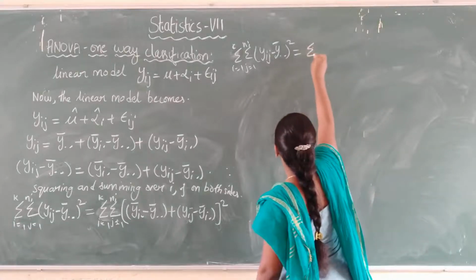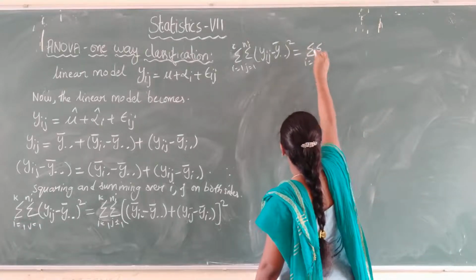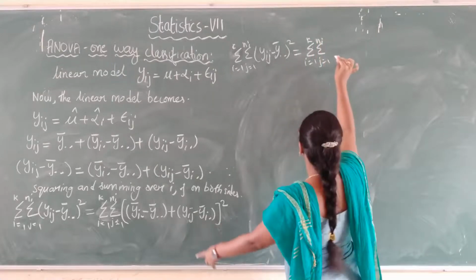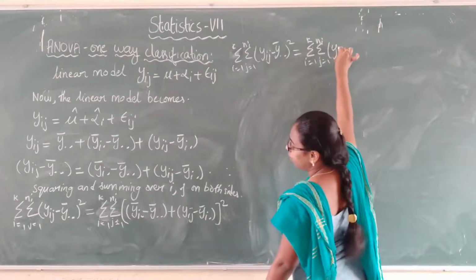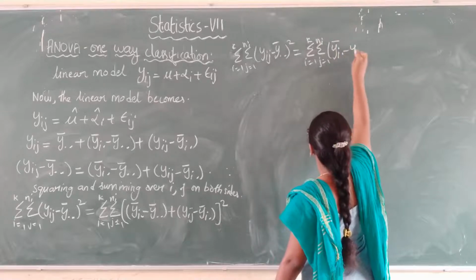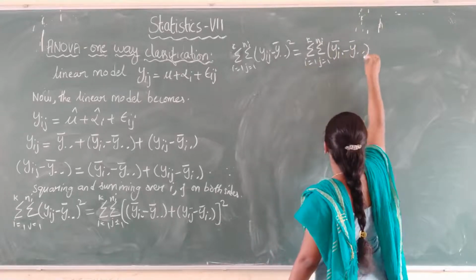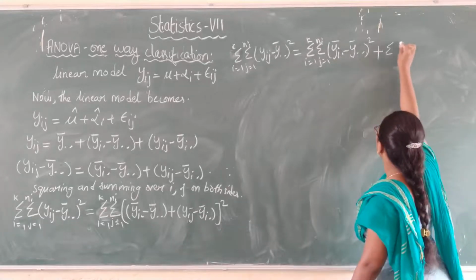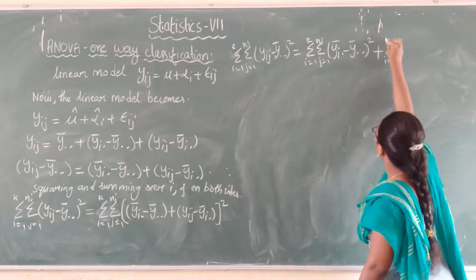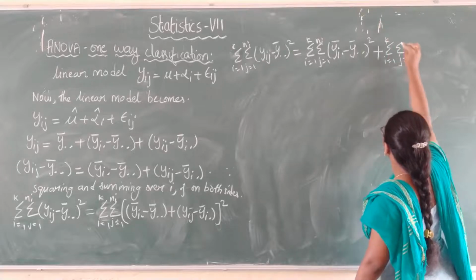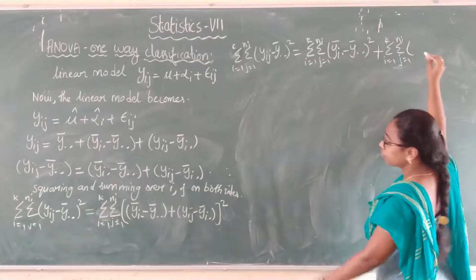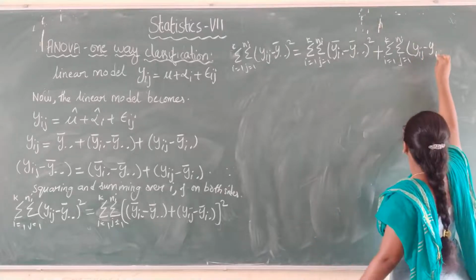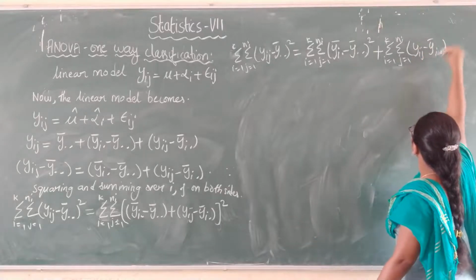So for the first term, summation over i equals 1 to k, j equals 1 to ni, a square, that is yi dot bar minus y double dot bar whole square. So this is a square plus b square, and applying summation also, i equals 1 to k, j equals 1 to ni, yij minus yi dot bar whole square.